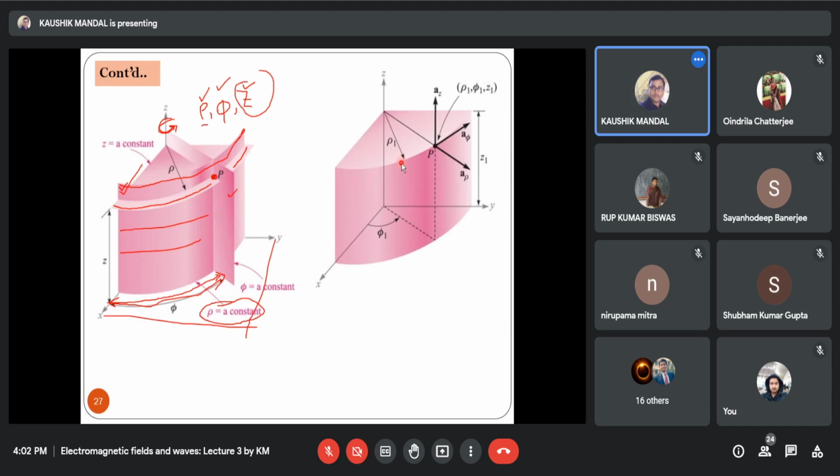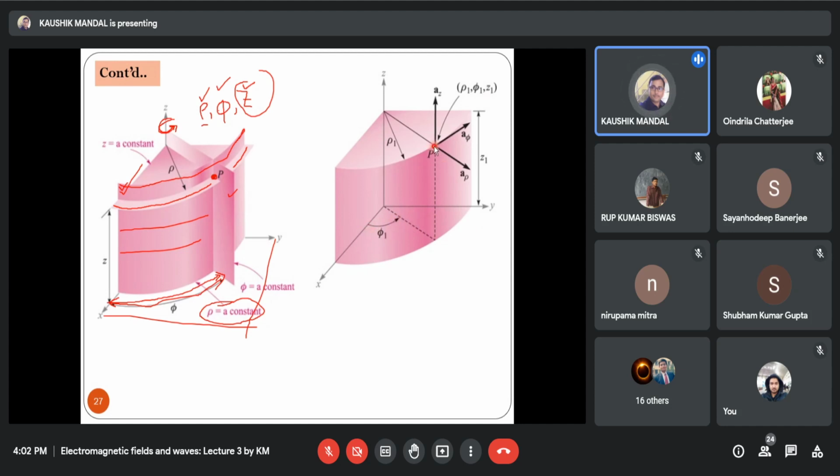Now we have considered a particular point P. Through this particular point, first of all, you need to draw one imaginary plane which is perpendicular on this xy plane, and this particular plane makes an angle of phi 1.